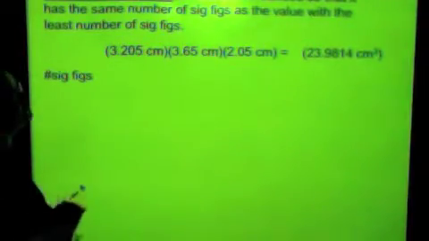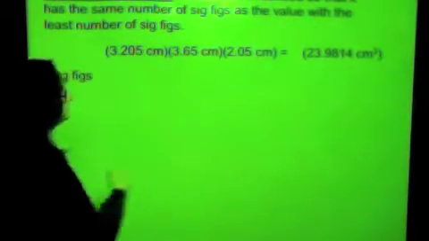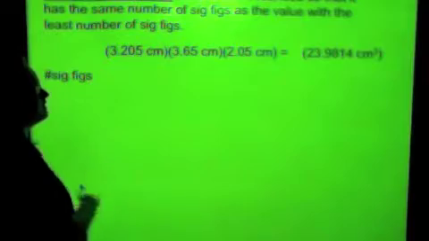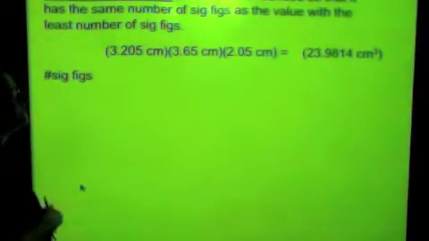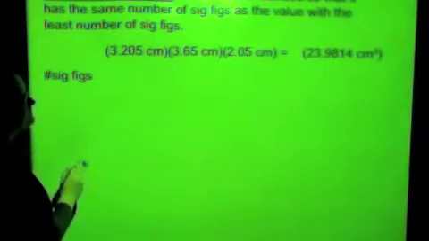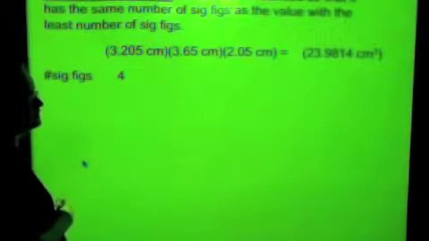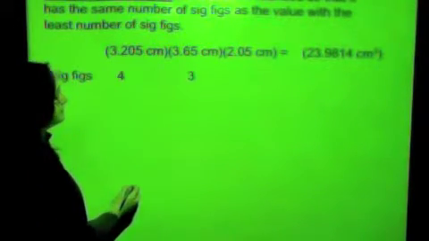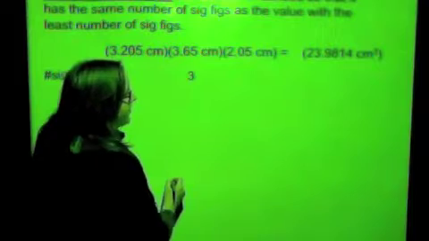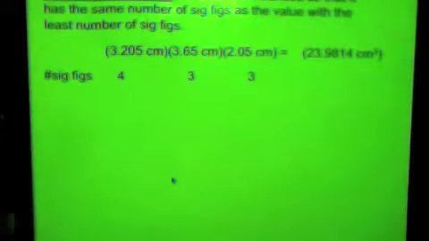So, in order to figure out your final answer, you have to look at the number of sig figs in each of the numbers in your problem. So 3.205 has 4. 3.65 has 3. 2.05 has 3. So looking at how many sig figs are in the numbers that are actually in the problem, you go with the least amount.